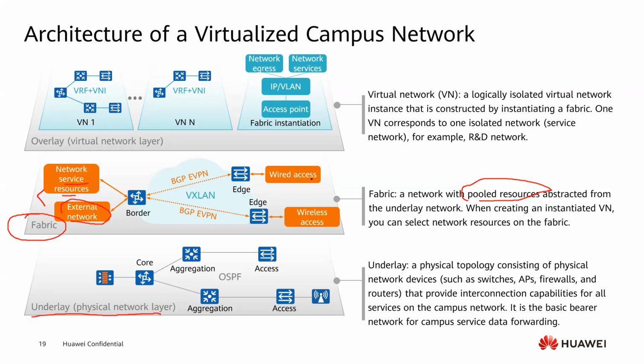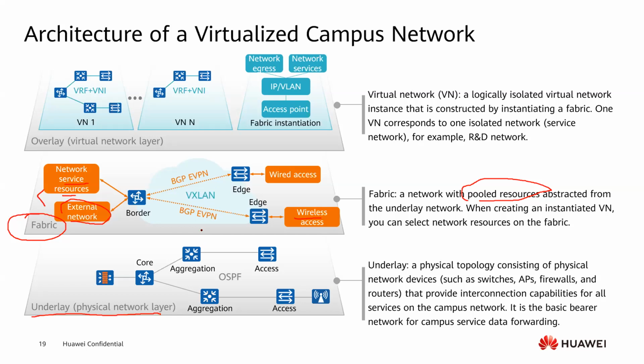And you also need to configure the wired and wireless access management to configure which wired or wireless users can connect to the network, and which specific authentication method they use to connect to the network.